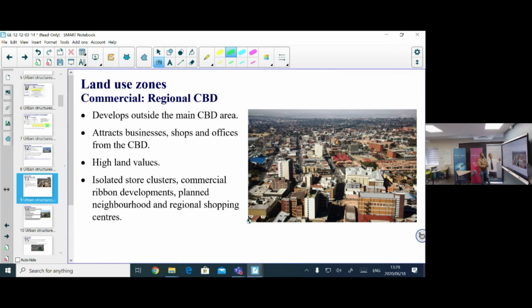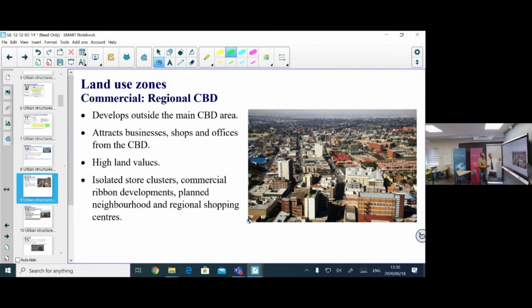Then we want to look at the regional CBD, which develops outside the main CBD area. It attracts businesses, shops, and offices from the CBD. High land values, isolated store clusters, commercial ribbon developments, planned neighborhood and regional shopping centers. So when you want to give examples in cities like Johannesburg, we may talk of places where there are regional CBDs sprouting around.